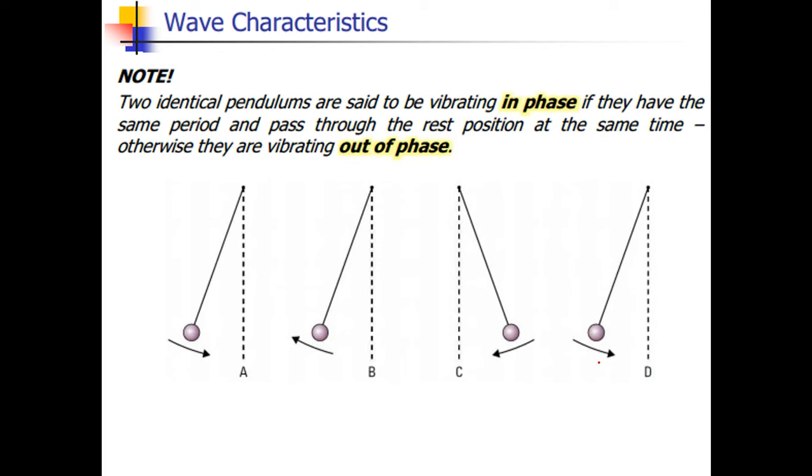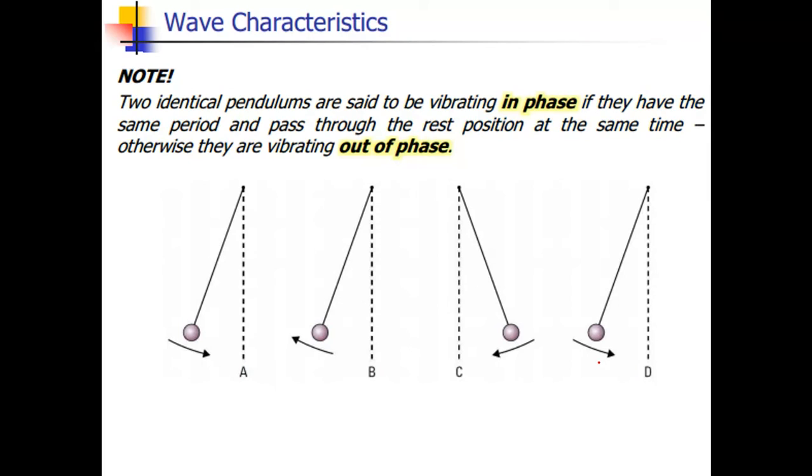Otherwise, on the right, C and D, you can see that they too are going to be in phase, in that they are passing through the rest position at the same time. When they are out of phase, it means that they're not passing the rest position at the same time.